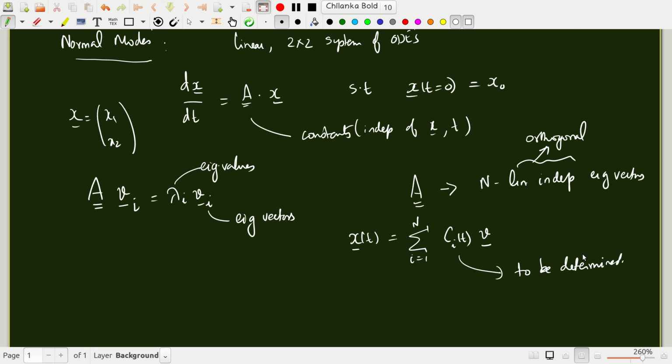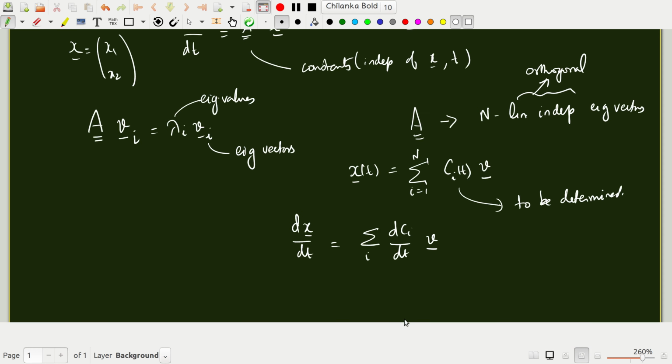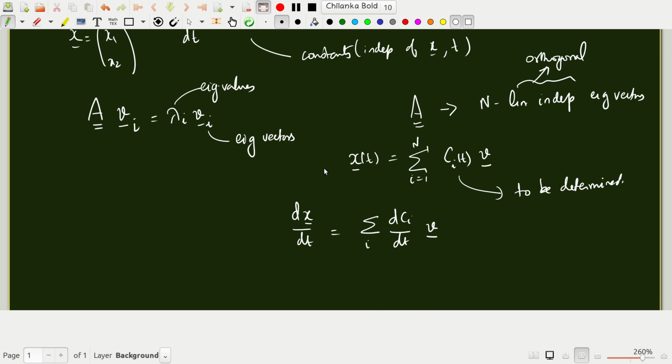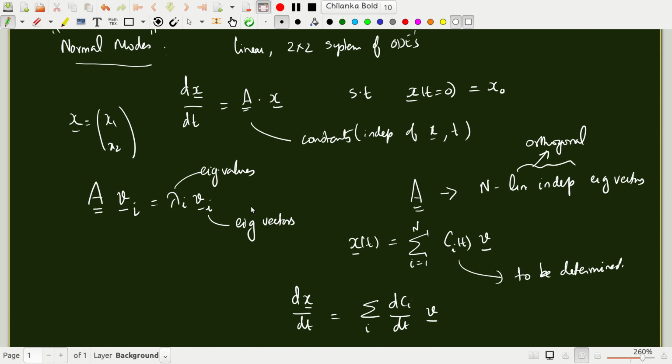Now what you're going to do is substitute this expansion into this expression. What is dx/dt? It is the summation over i of dc_i/dt times v_i. Now I'm going to substitute this back out here. This is nothing but A times x.